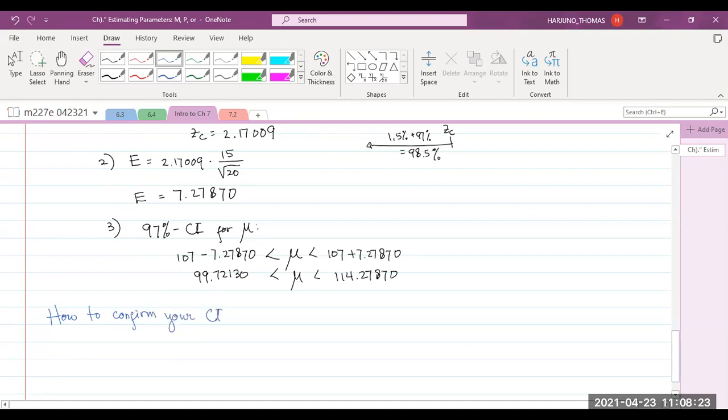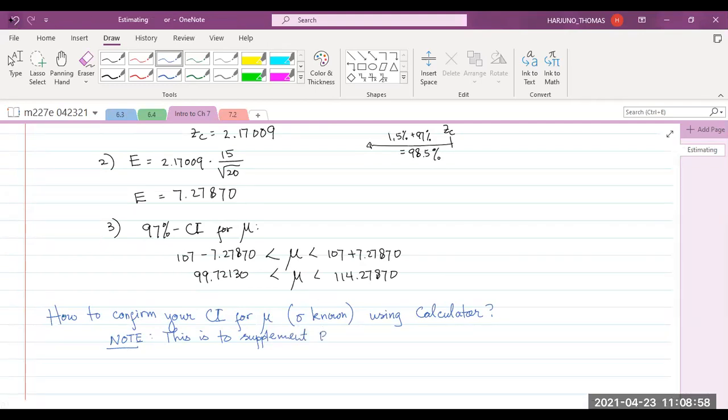Note this is to supplement, if you want to confirm, but not to substitute what I taught you earlier.